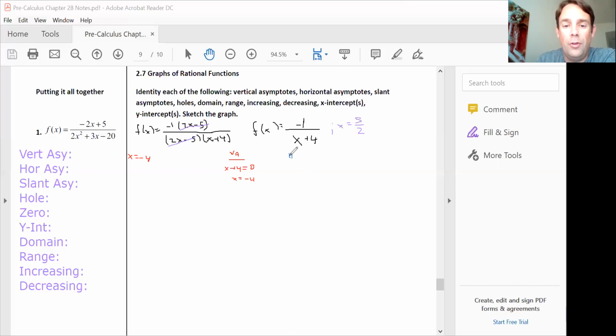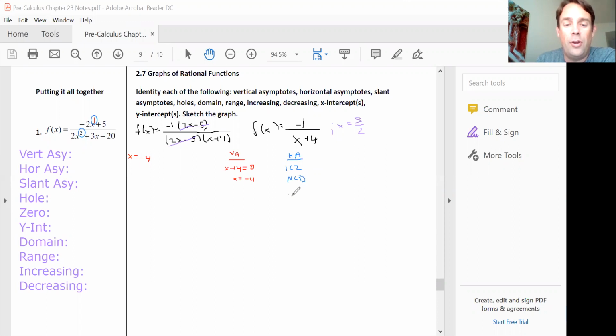I'm looking at my degrees here. If you notice the degrees, I have 1 in my numerator and 2 in my denominator. And since 1 is less than 2, that means my numerator's degree is less than my denominator's.